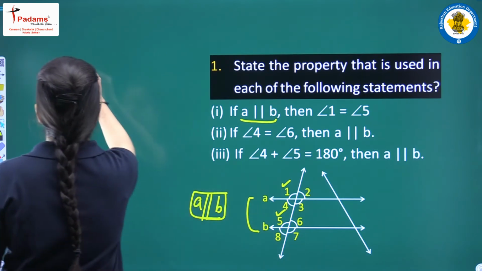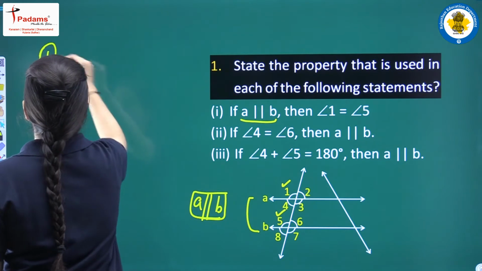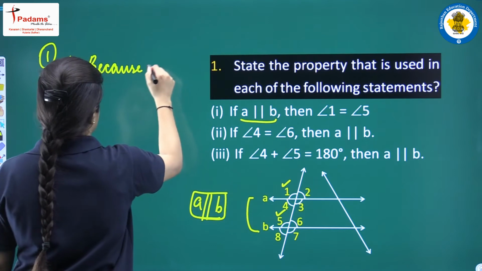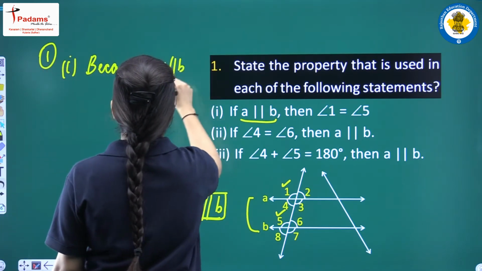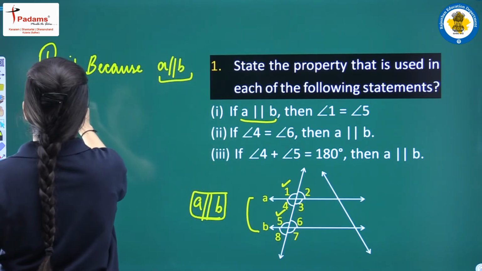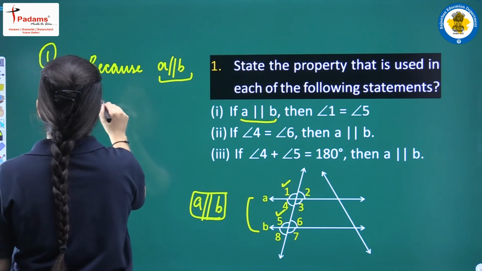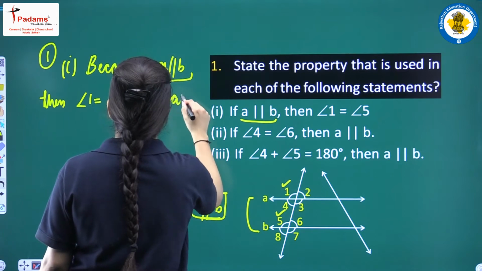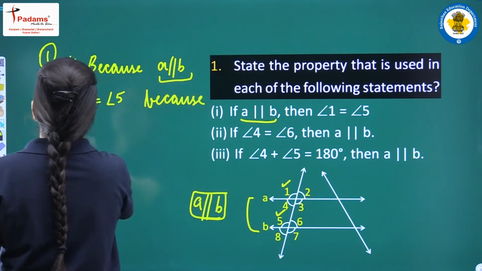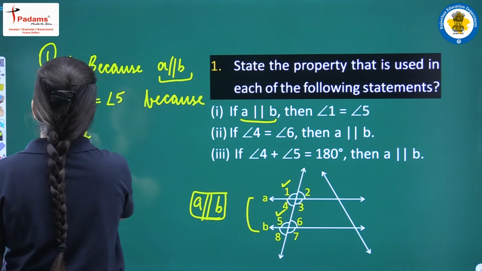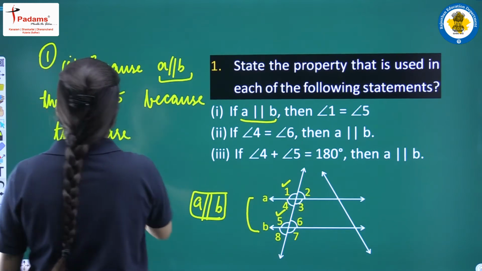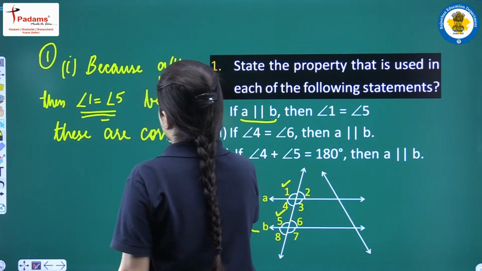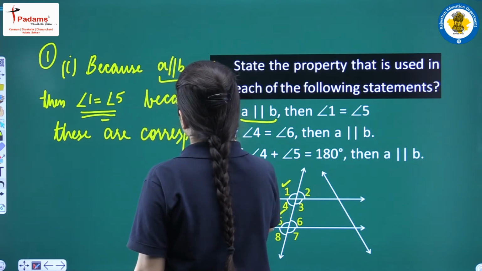So write it as: because A is parallel to B, then angle 1 is equal to angle 5, because these are parallel lines and these two angles are corresponding angles.